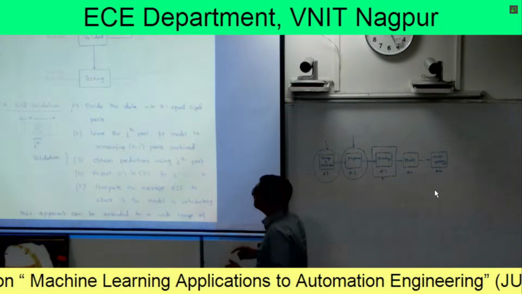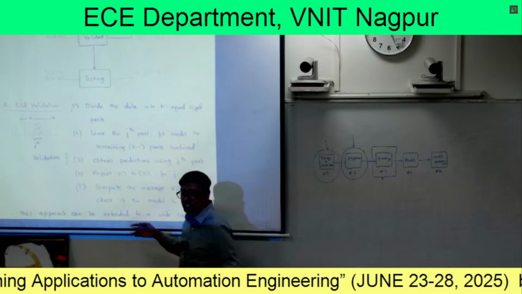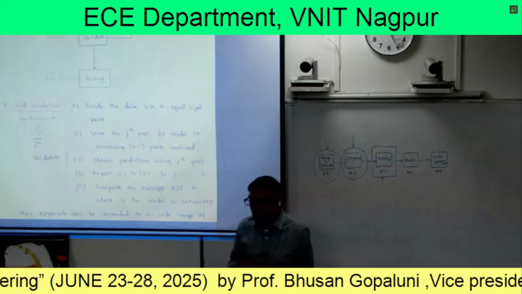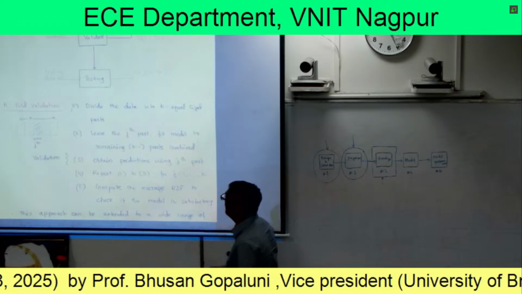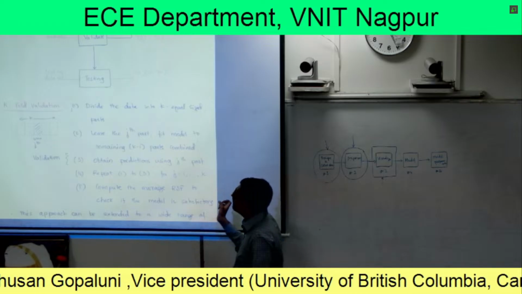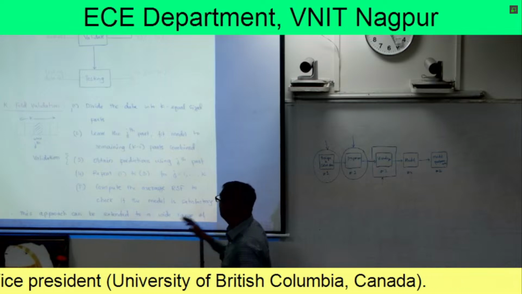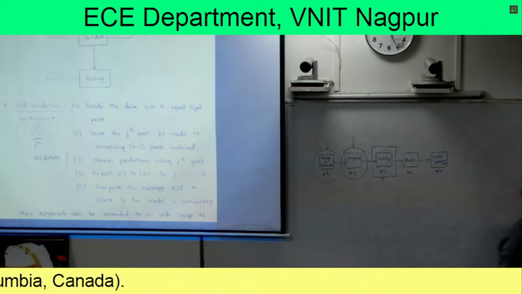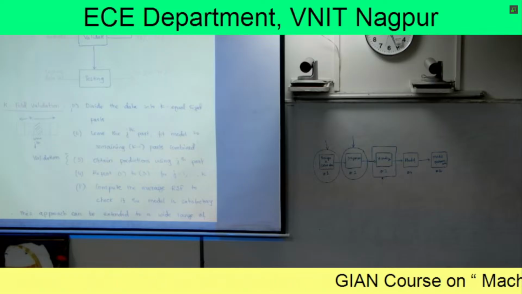And for every model, which means you're going to get k different models, you find the model error, find the average of the model errors across all of those k data sets, and that is what is called k-fold validation.